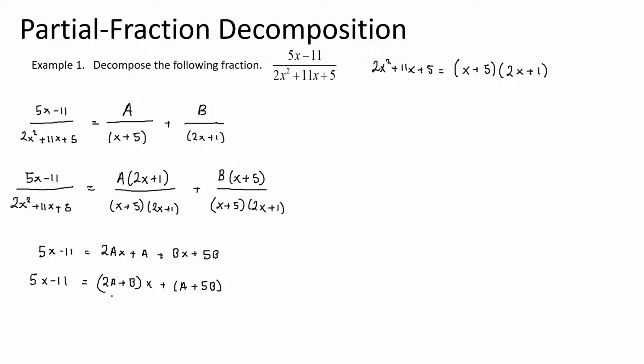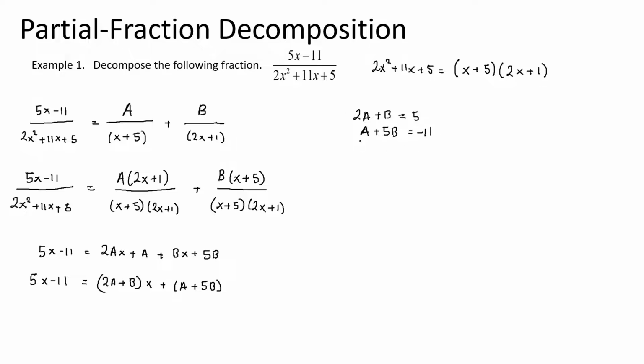So the coefficient in front of x has to equal 5. In our case, 2A plus B will equal 5. And the constant, which is negative 11, will be equivalent to A plus 5B. A plus 5B has to equal negative 11.